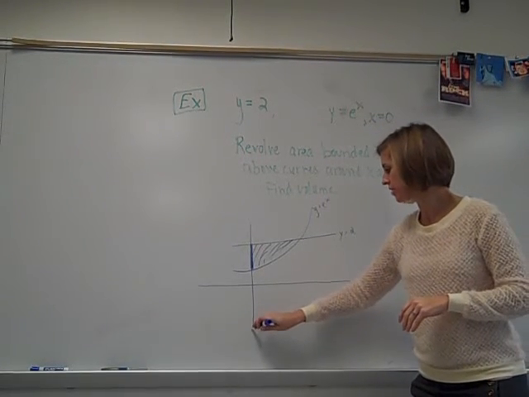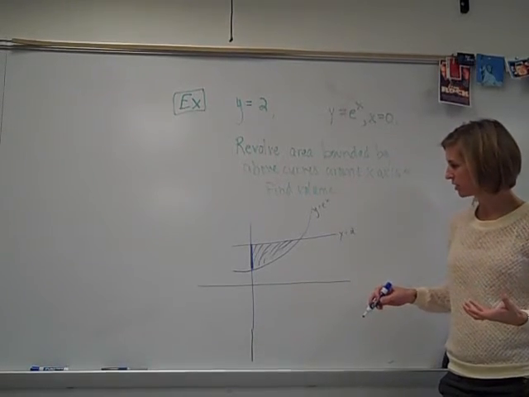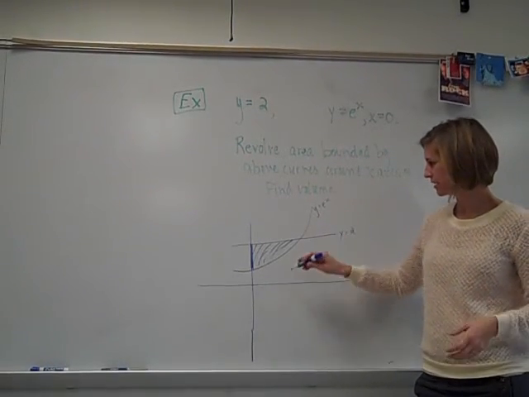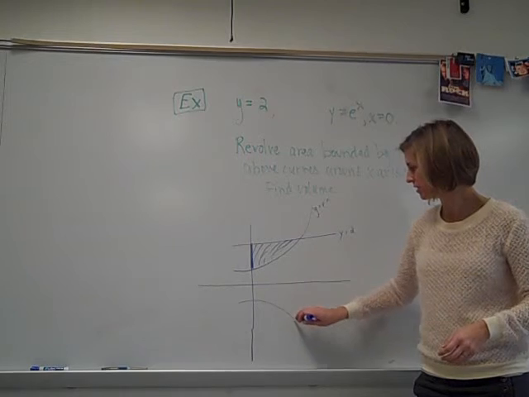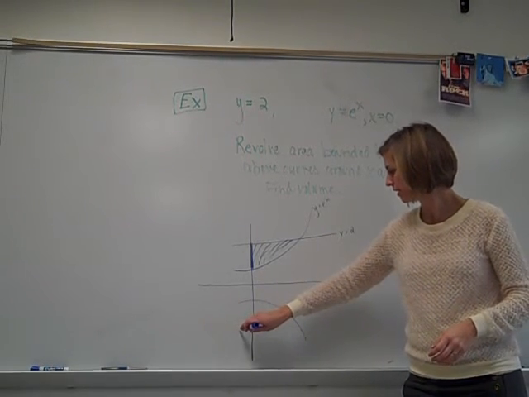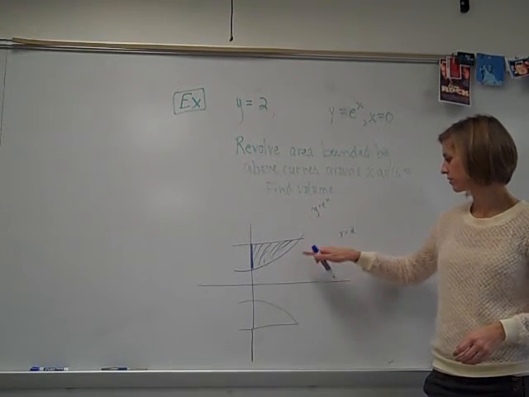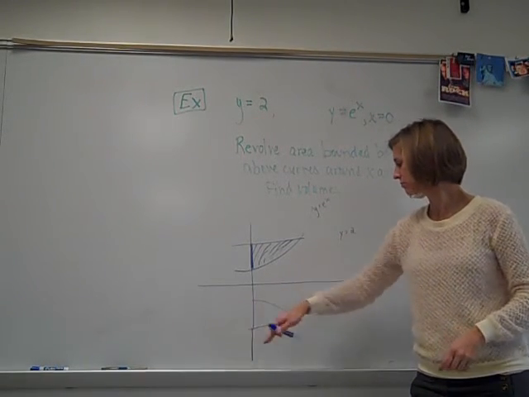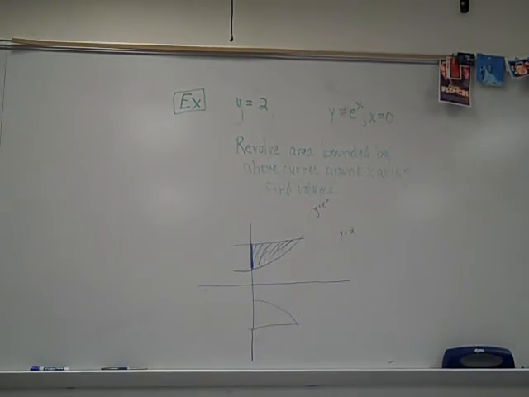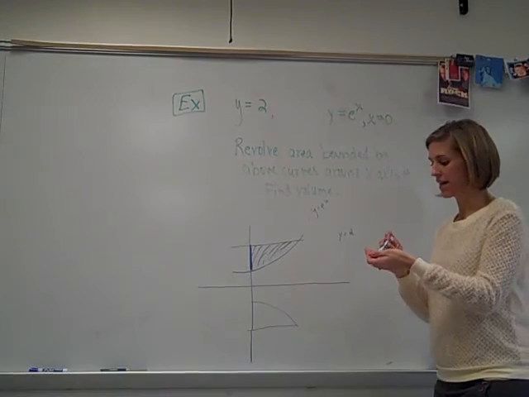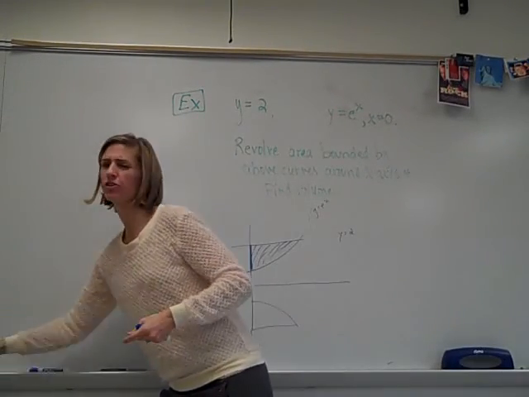So the first thing I try to do is give myself a little picture. I know e to the x is going here. You don't have to draw anything else. I just like to see that I've got an outer curve and an inner curve.